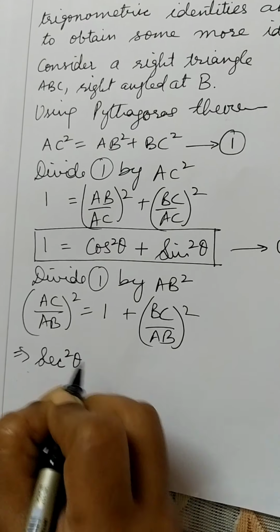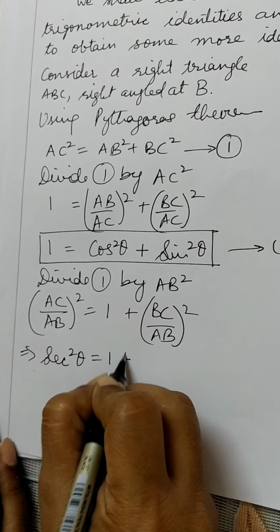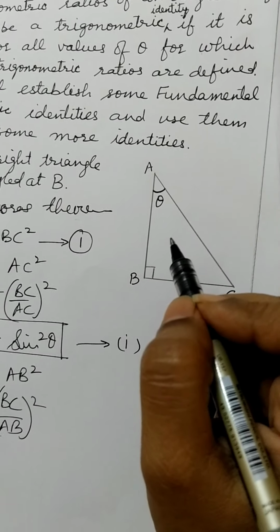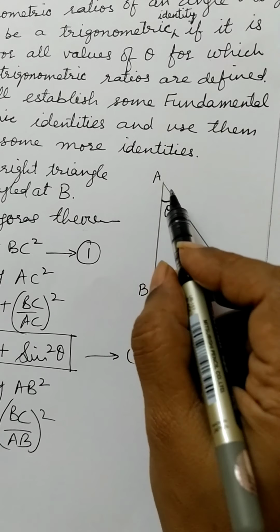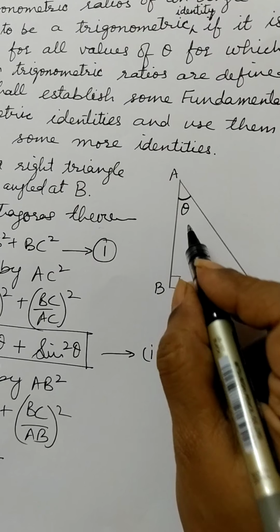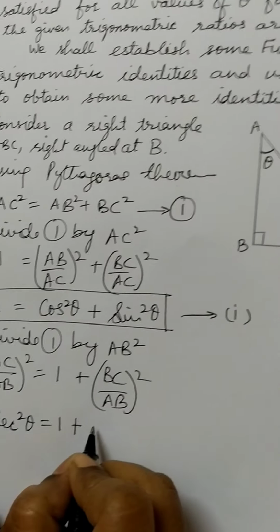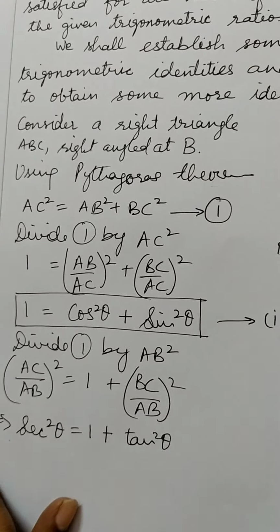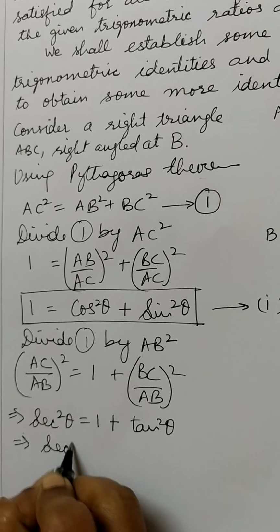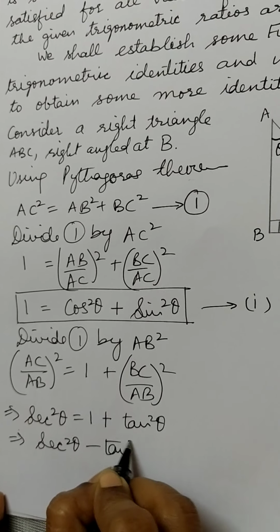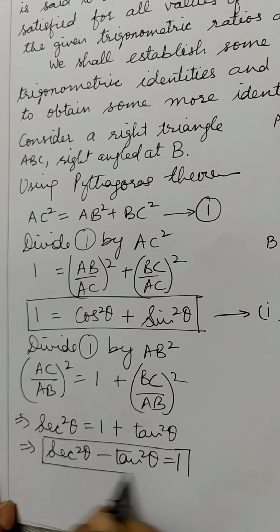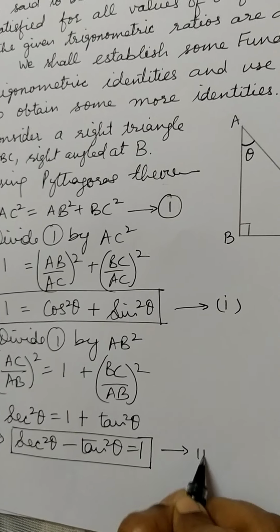So it will be square of sec theta is equal to 1 plus BC, the side opposite to theta, upon AB, the side adjacent to theta. Now opposite side upon adjacent side is tan theta. So it will be tan square theta. Or you can write it as sec square theta minus tan square theta is 1. So this is our second fundamental identity.